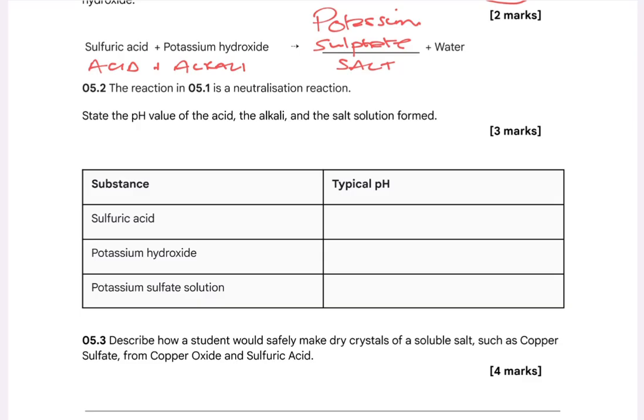This next question is asking us for the general pHs of these substances. Sulfuric acid is, in the first instance, an acid, obviously generated by the name there, which means its pH is going to be less than 7.